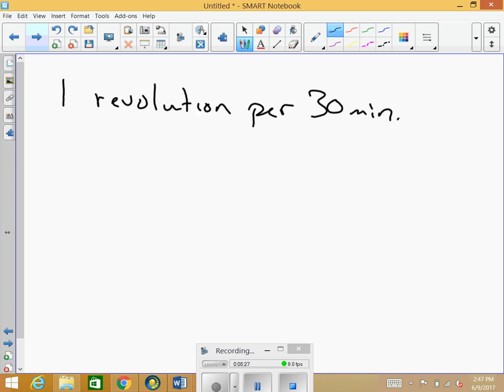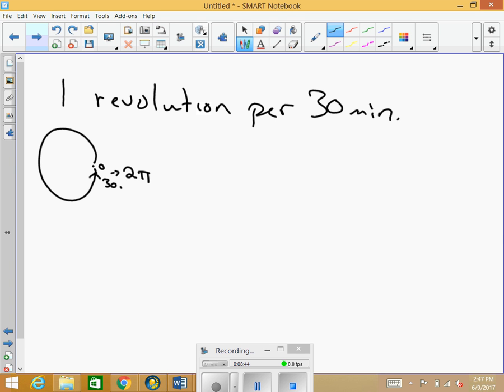If I start here and go around the circle, that takes 30 minutes. So that's going from 0 radians all the way to 2 pi radians in that 30 minutes.